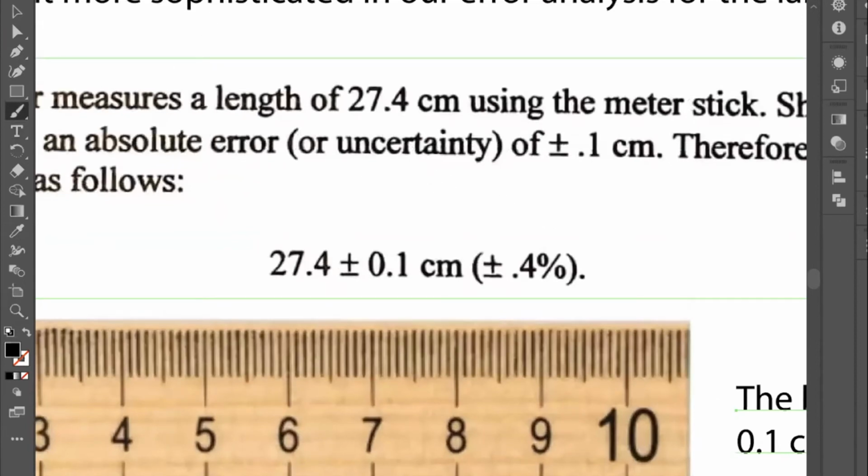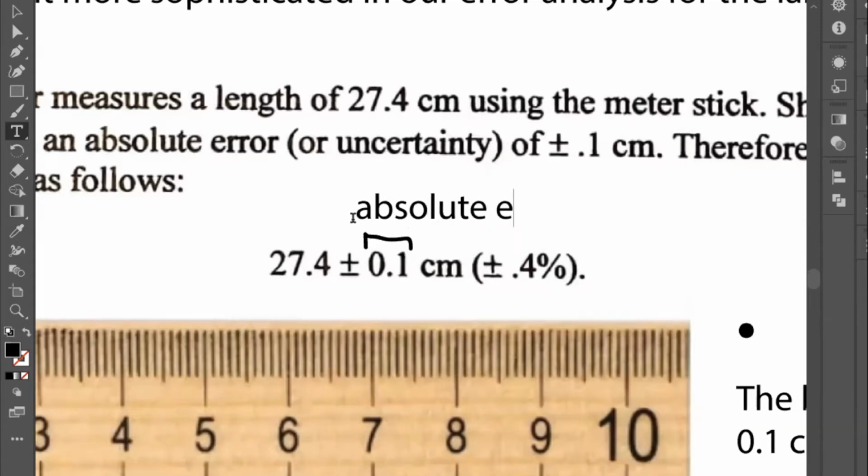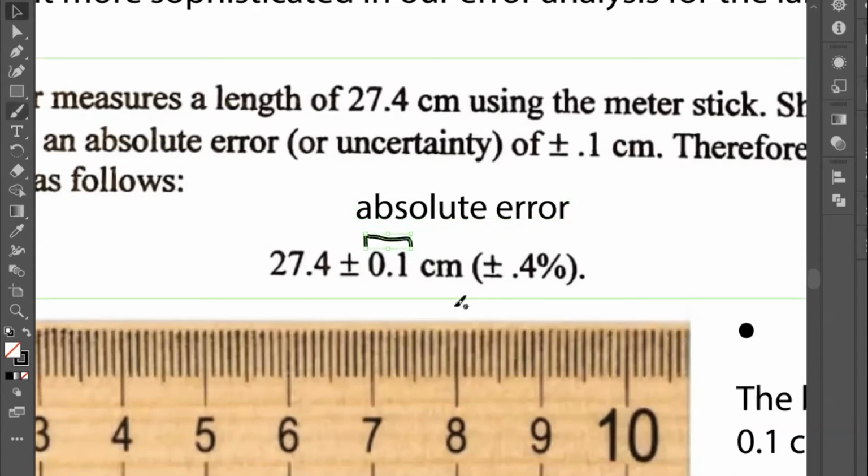So this is my absolute error, and this on the other side is my relative error or percent error.